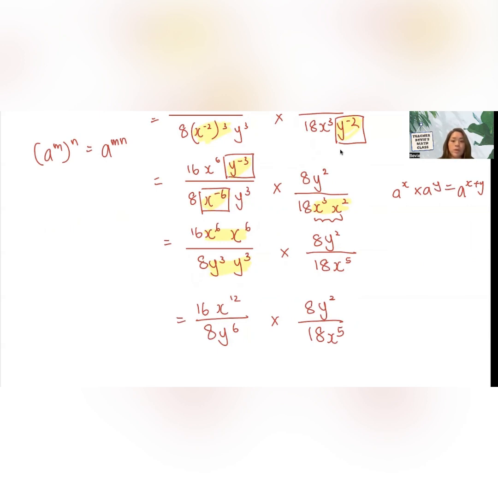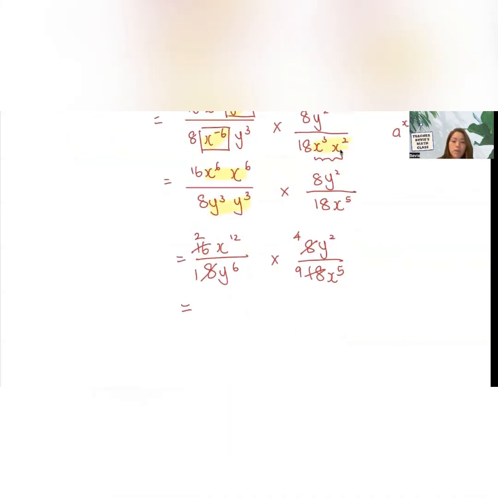All right, so to multiply them, I can actually simplify it first. So 16 and 8, I can cancel. 8 and 18, I can also cancel, both divisible by 2. 8 divided by 2 is a 4. 18 divided by 2, that's a 9. Okay, so same thing, multiplication of fractions, top times top, bottom times bottom.